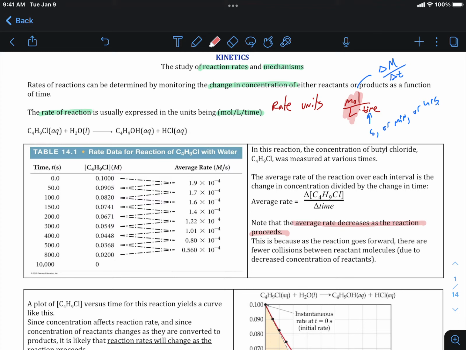And reactions occur based on the number of reactants there to collide. If you have a fewer number of molecules, you have fewer things that can collide. Thus, you have fewer reactions that can take place. So, as the reaction goes forward, there are fewer collisions between reactant molecules because the concentration is decreasing.